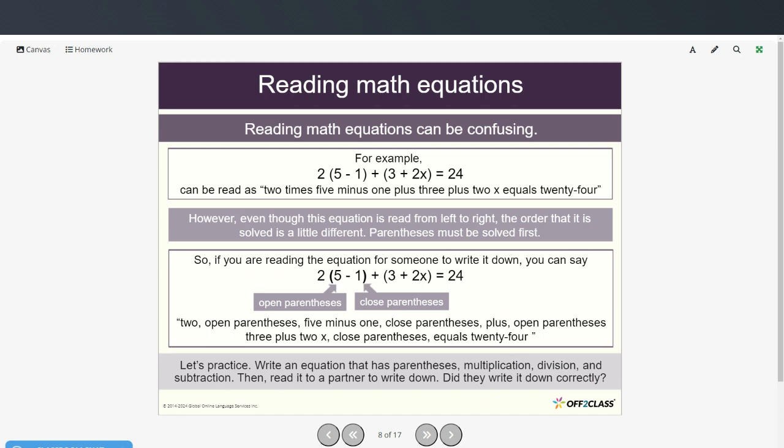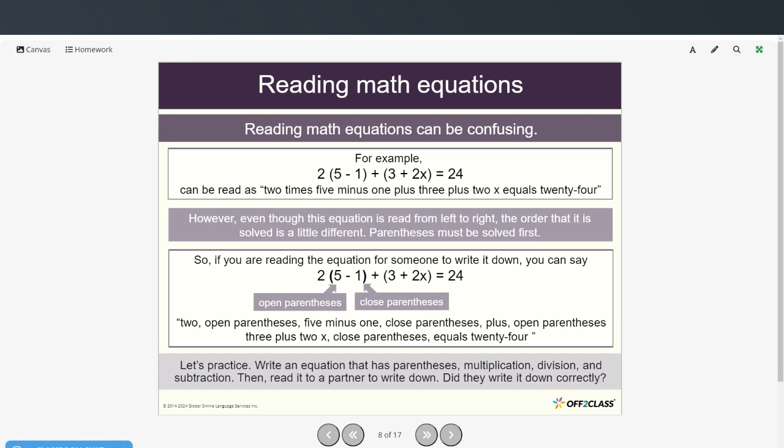Alright, so reading math equations can be confusing. For example, 2 times 5 minus 1 plus 3 plus 2x equals 24. However, even though this equation is read from left to right, the order that it is solved is a little different.